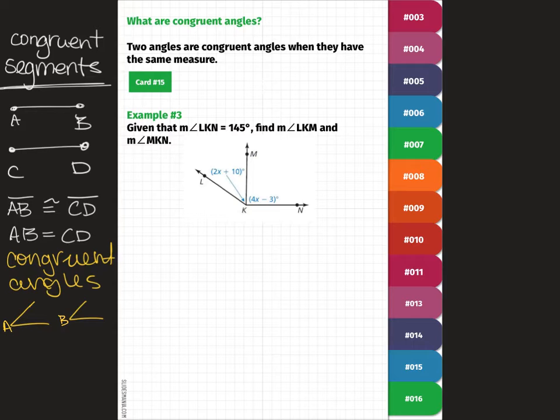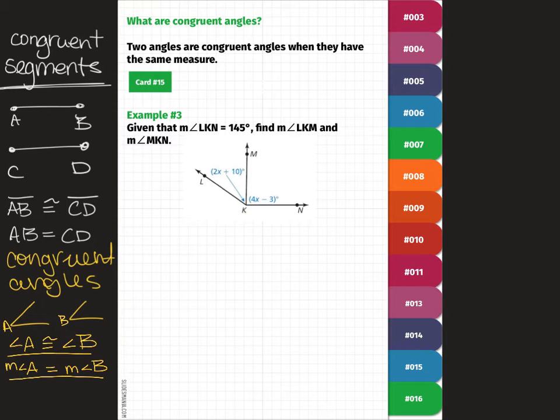Then I can say angle A is congruent to angle B because these are two objects that are congruent. If the angles are congruent, then that means that the measure of angle A is equal to the measure of angle B. So the actual angles are congruent, but their measures are equal. Same concept as when you're talking about congruent segments.